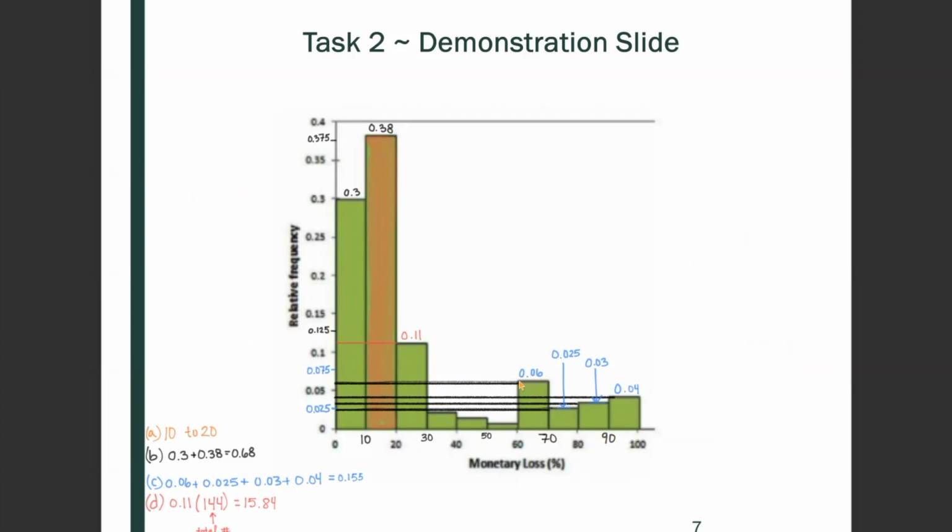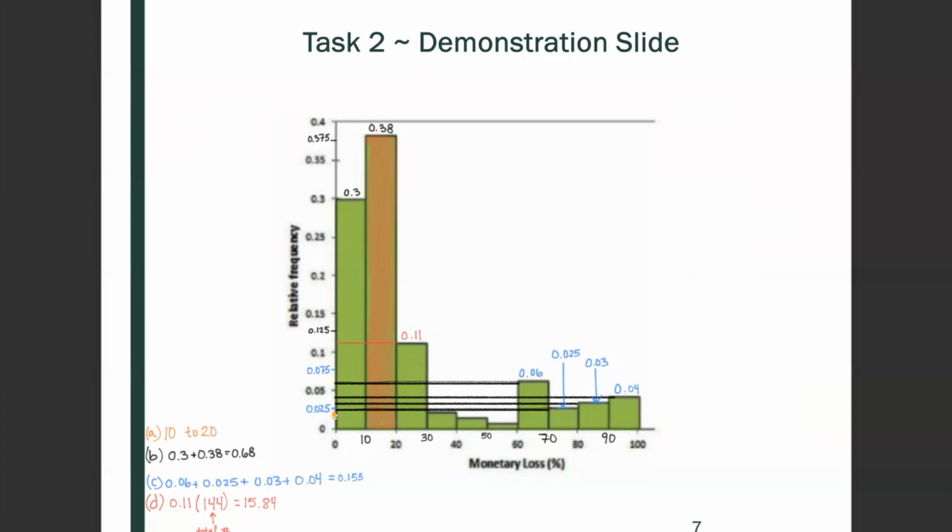So I'm just guessing that the height of the bin from 60 to 70 is 0.06.